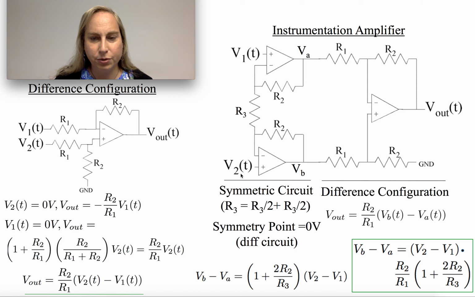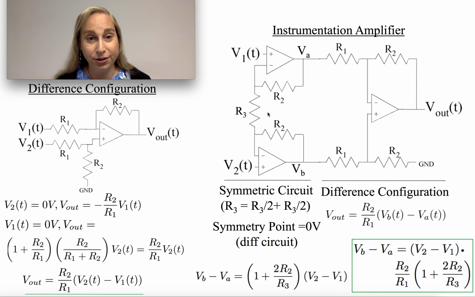Then the question is, this whole front end circuit here is an interesting circuit, but notice it is a circuit with symmetry. I have these two amplifiers, I've got two resistors, and I've got a resistor here, but I can cut this in half. So that's going to be R3 over 2, and I've got two of them in series, and that gives me a symmetric point.